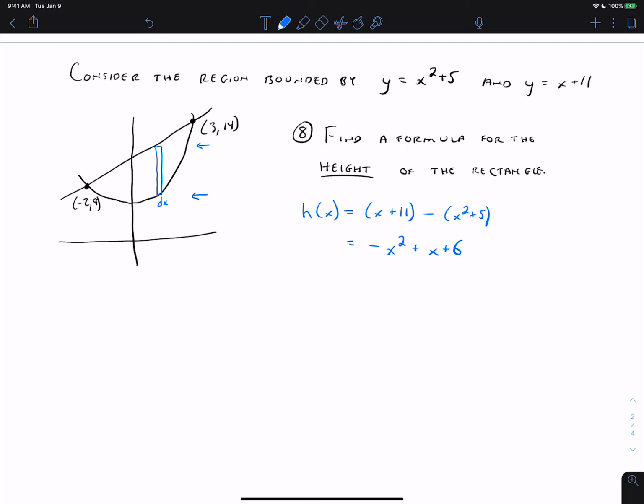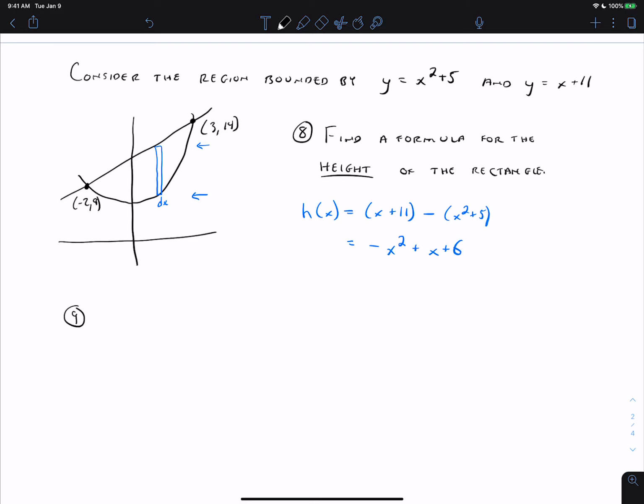Okay, one more problem I want to talk about, but the whole point of doing this for one rectangle is that a Riemann sum lets you calculate things with reference to that single rectangle, and then the Riemann sum adds them up for all of the rectangles that you want to deal with.